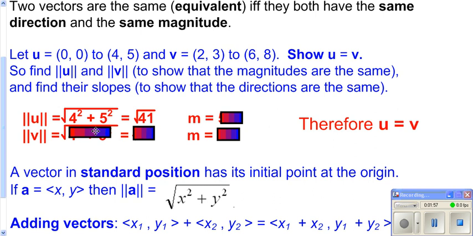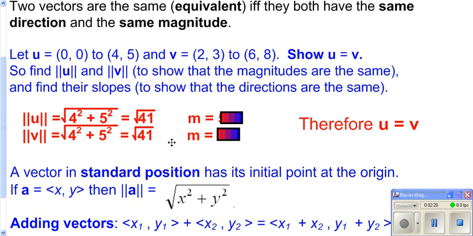Go ahead and take a look at the next one here. Subtract your two x's squared plus subtract your two y's squared. And once again, we get the square root of 41, so they have the same length.